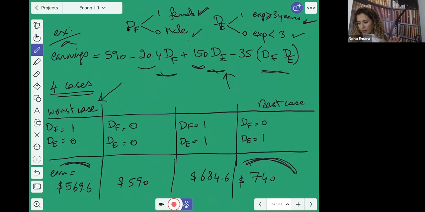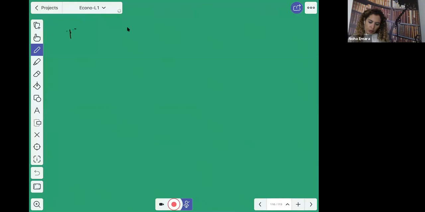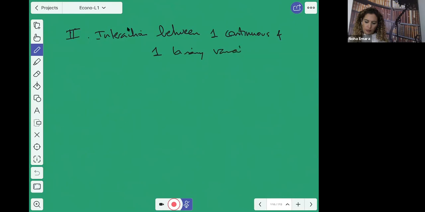Our next case, number 2: what if I have an interaction between 1 continuous and 1 binary or dummy variable? Suppose I have this model: yi is equal to beta naught plus beta 1 xi plus beta 2 di plus ui.